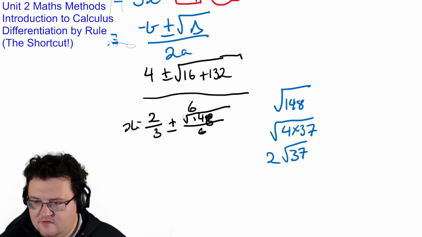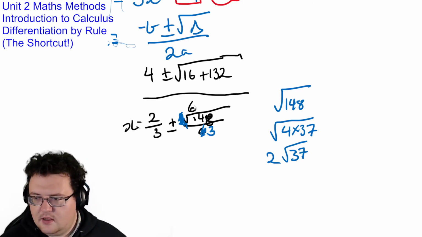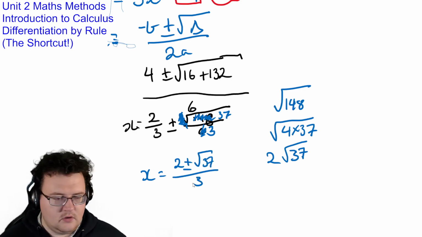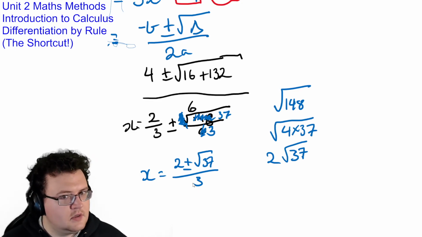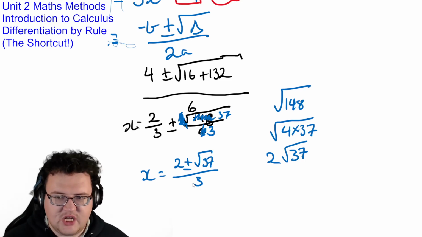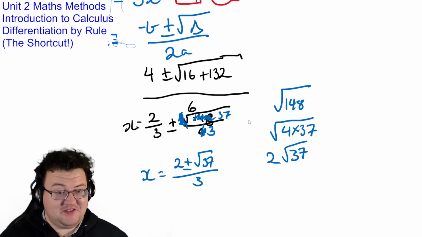So that means that 2 goes out there, cancels, and that will become a 3, and that will become a 1. And that will be 37. So x is equal to 2 plus minus the square root of 37 all over 3. And those are your points that you will then need to take back to your original cubic and put them in.